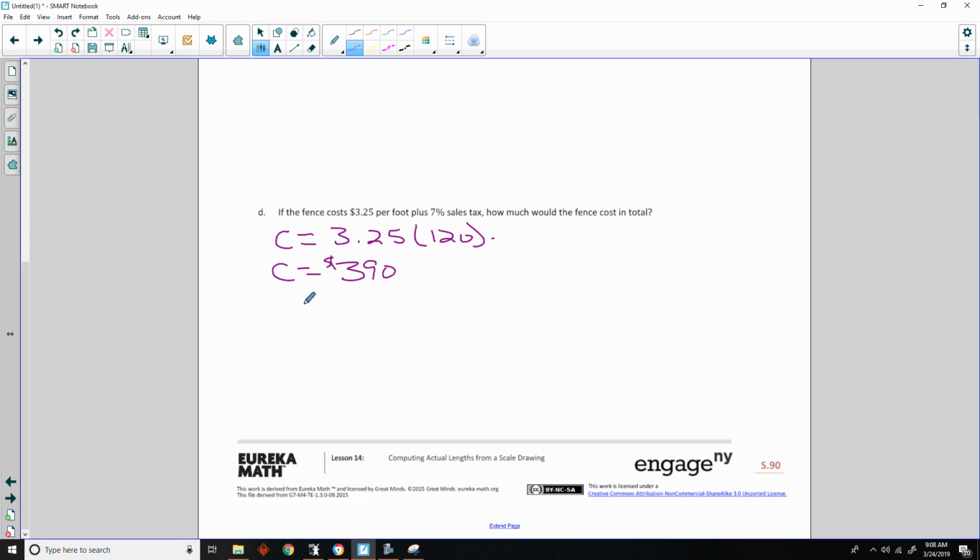So now I take the $390 times 1.07 to get my tax. I will just do this manually. 7 times 0 is 0. 9 times 7 is 63. Carry the 6. 7 times 3 is 21. Plus 6 is 27. So the tax is 2730 plus 390. And that should get, if I did this right, $417.30. Let me just make sure.